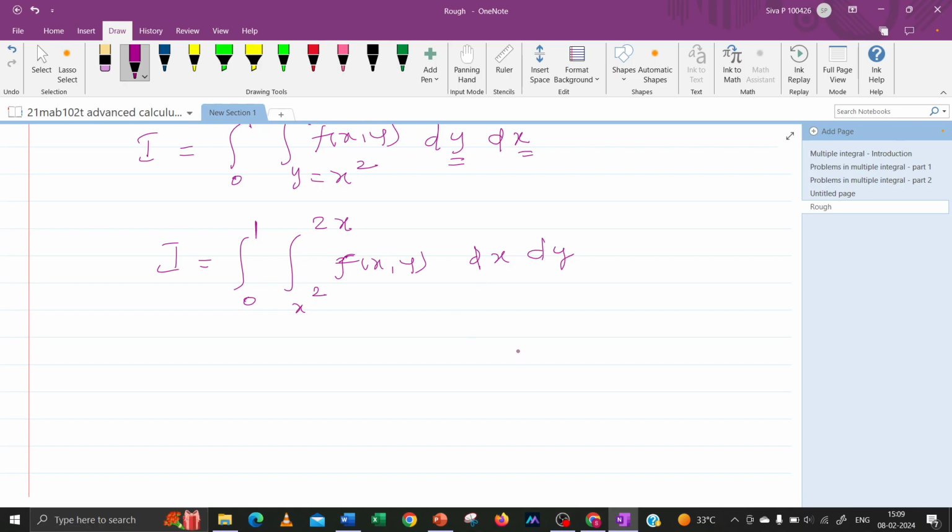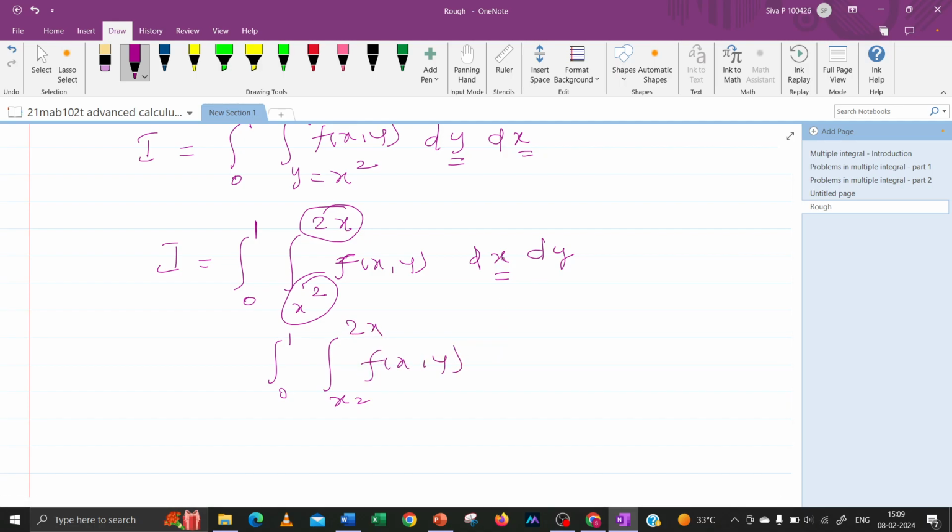In case they are given like this, very simply you can identify: in case the inner integration is x, the limit should not contain x, it should contain the opposite, that means it should contain y. So what is the correct order? The correct order is 0 to 1, integral over x square to 2x of f of x comma y.